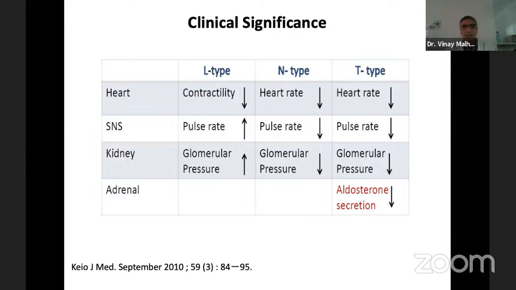It can cause peripheral vascular dilatation. For example, if the patient is on nifedipine, amlodipine, we know that many of these patients present with ankle edema. But if you are using a drug which is acting on the T-type channel also, there will be a decrease in heart rate, a decrease in glomerular pressure, and it will decrease aldosterone secretion also.